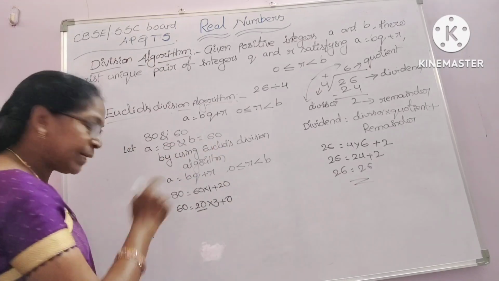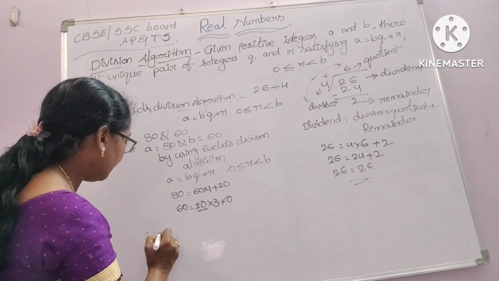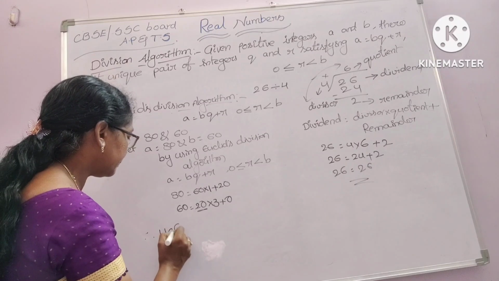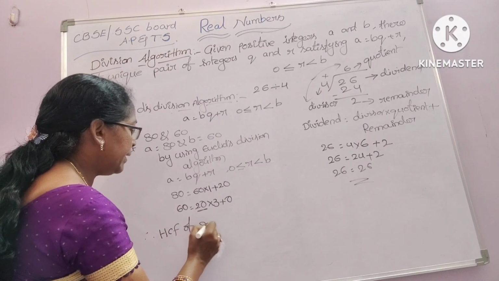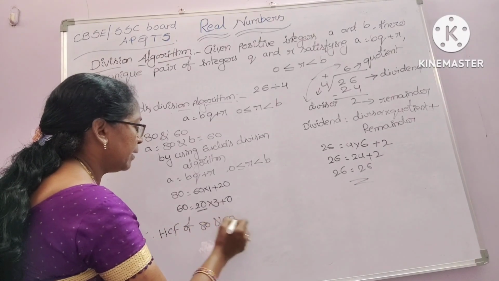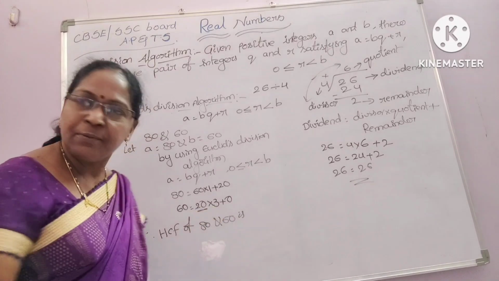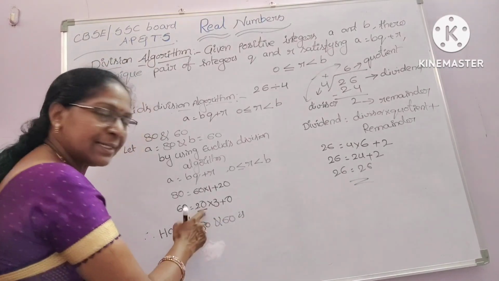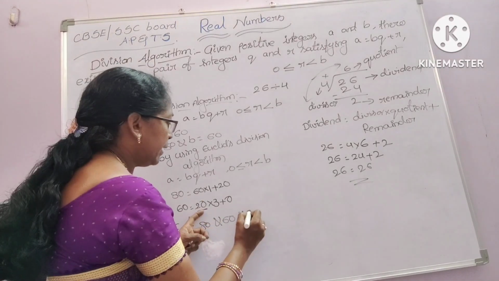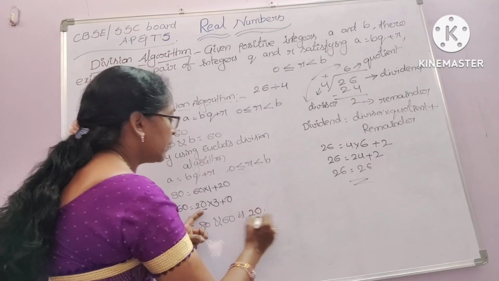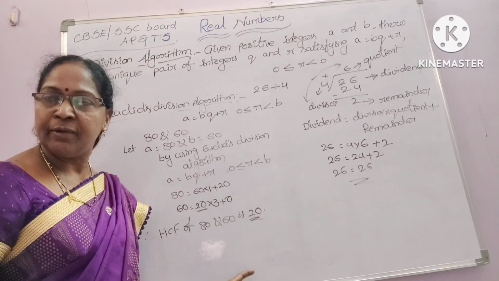And after getting that, you have to write down: therefore HCF of 80 and 60 is, what is the value? What is the last divisor here? 20. So 20 is the HCF of the two given positive numbers.